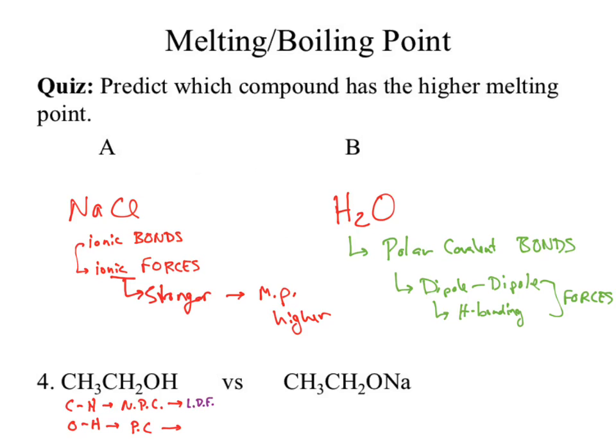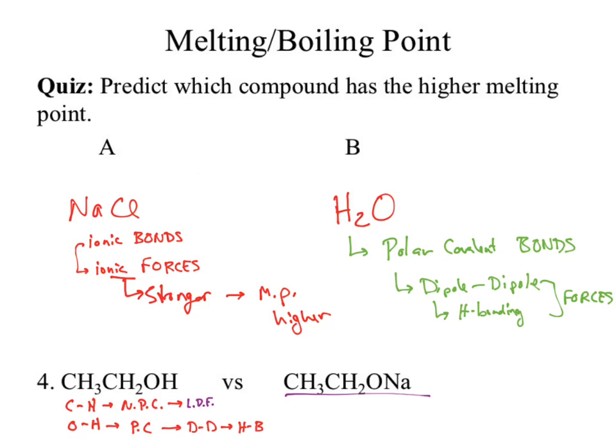If we have a polar covalent bond, what kind of force do we have? Dipole to dipole. If we have a dipole to dipole force, what should we try to evaluate? Do we have hydrogen bonding? Do we have a hydrogen physically, chemically connected to oxygen, nitrogen, or fluorine? Yes, so we have hydrogen bonding.